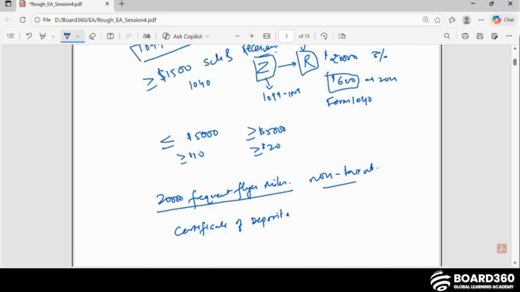The interest a taxpayer pays on funds borrowed from the bank, and the certificate of deposit minimum that needs to be maintained, and whatever interest a taxpayer earns on those certificates of deposit are to be treated separately.